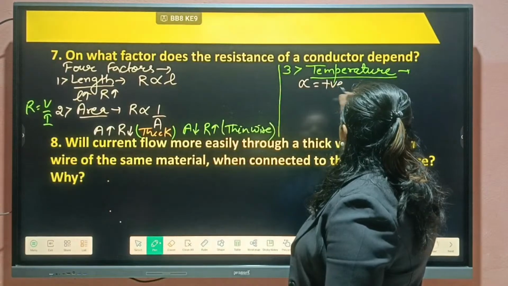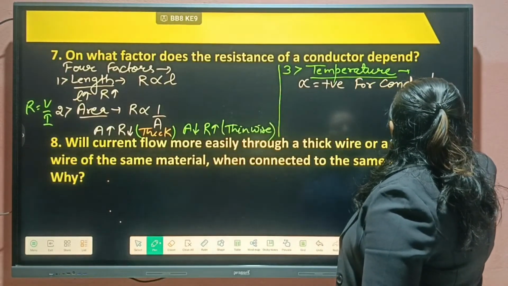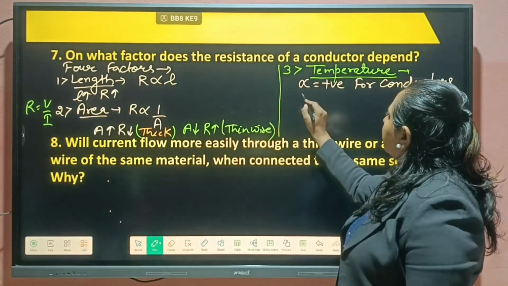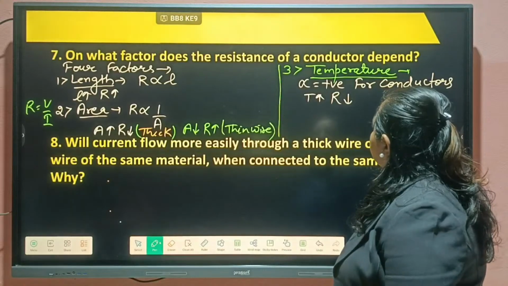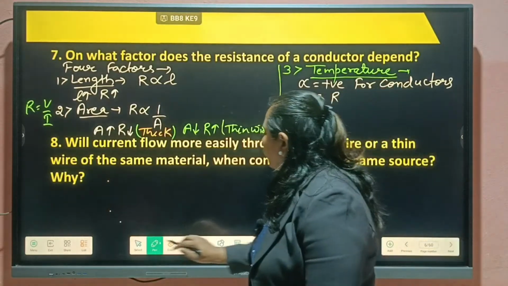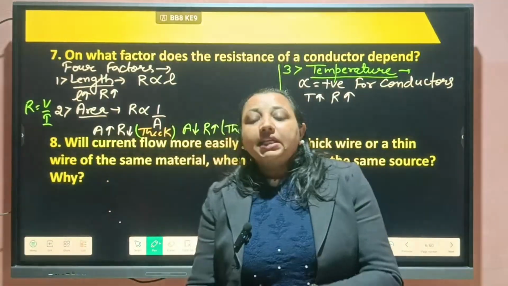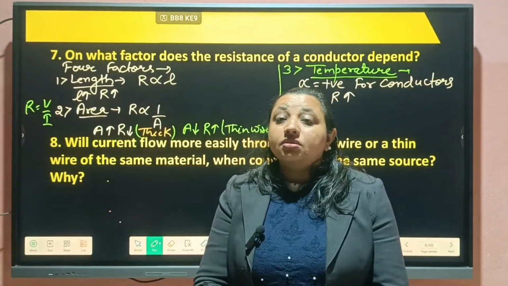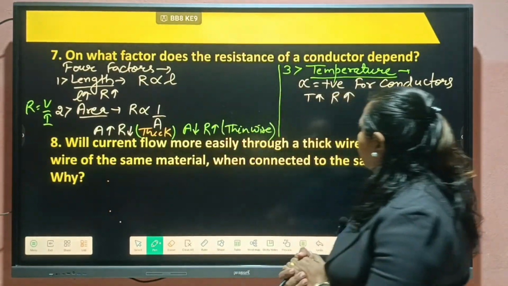Alpha is positive for conductors. That means with the increase in the temperature, the resistance of the conductors increases. Positive means increases, positive relation. Okay? That means when we increase the temperature of a conductor, resistance increases, that means current decreases through the conductor.